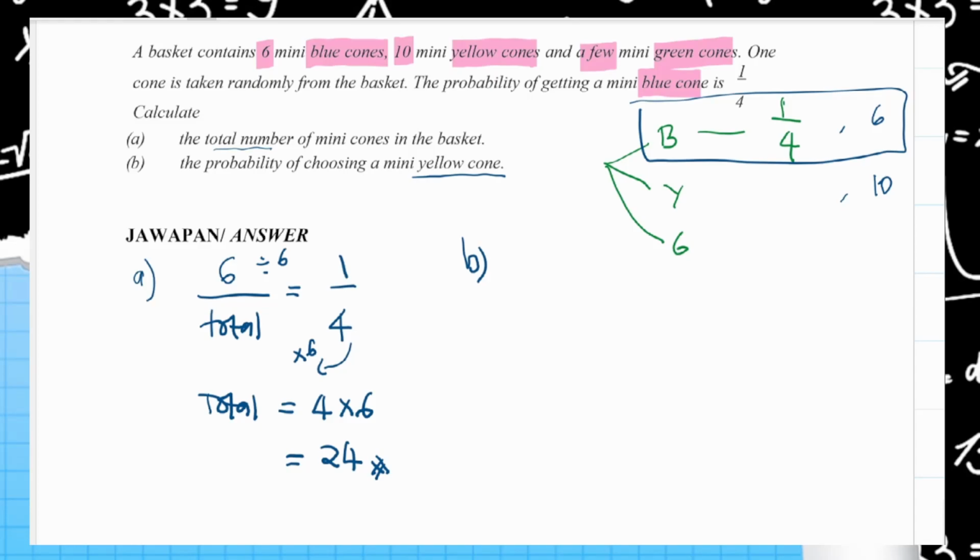Wait a minute. Sorry. The question asks you to find the complement of an event for experiment B. So the event for experiment B is A prime.